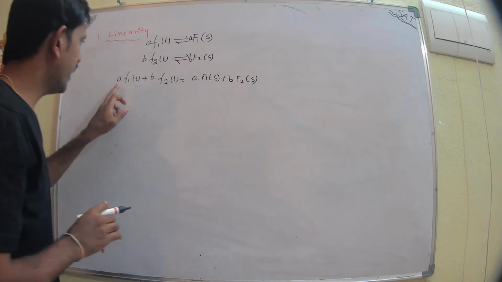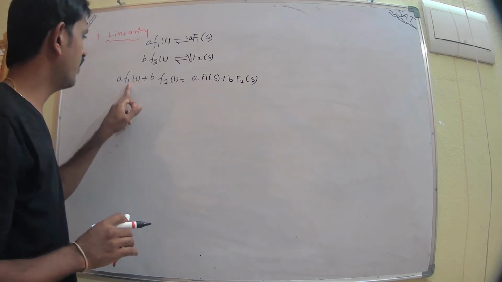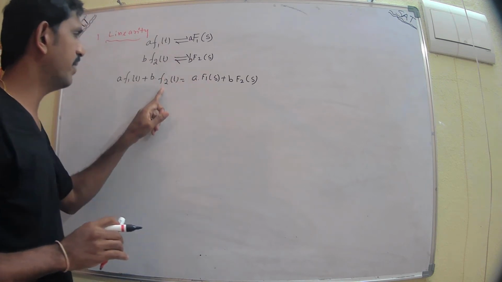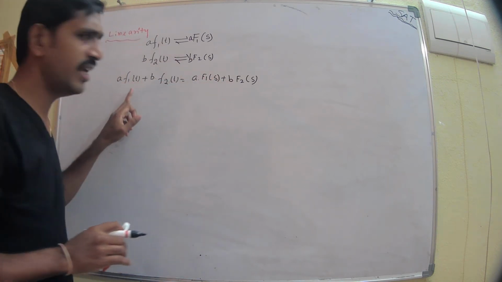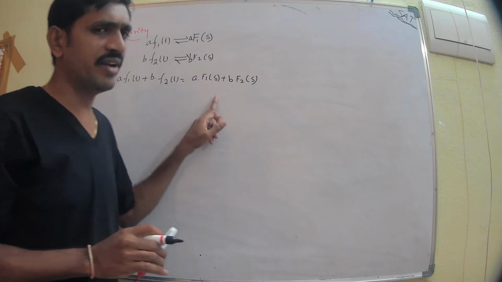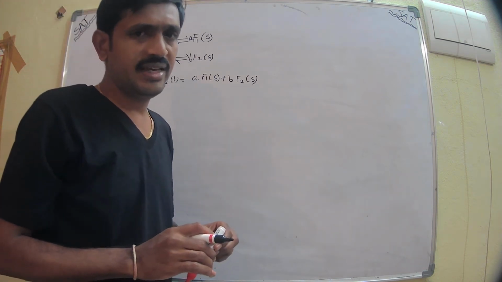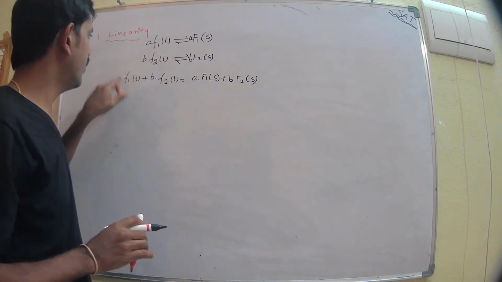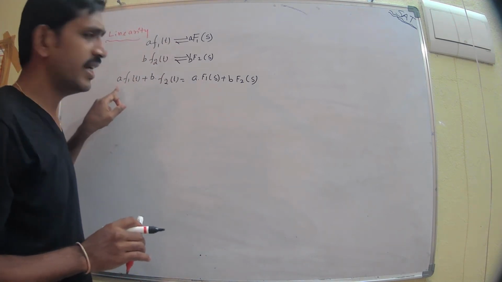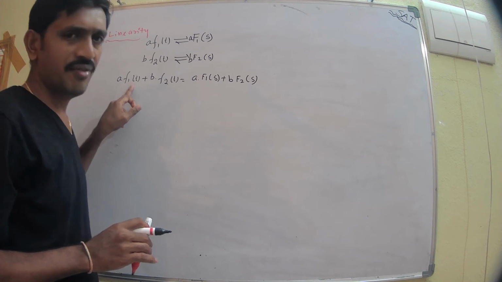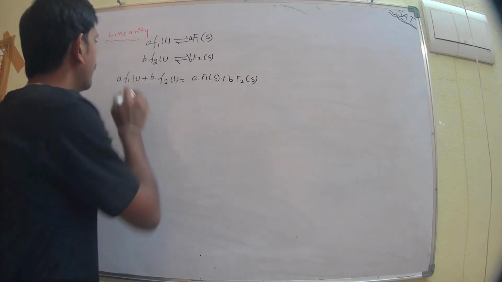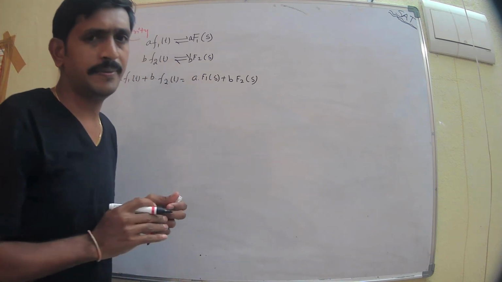So f1 of t becomes F1 of s and f2 of t becomes F2 of s. I can multiply a constant a with f1 of t, and the same constant with F1 of s.